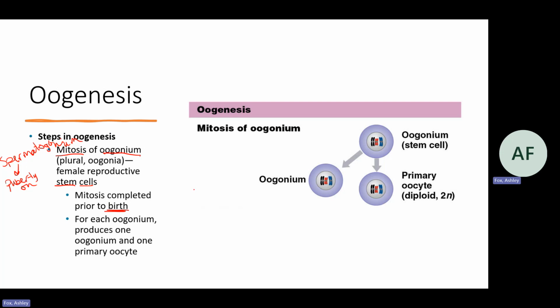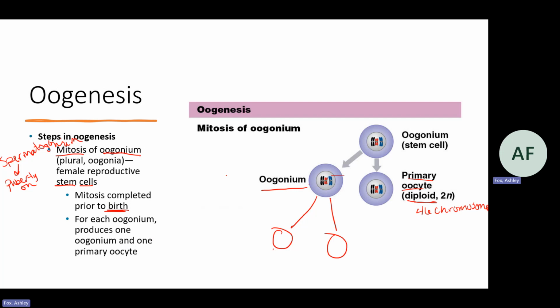So during development, the oogonium, the stem cell, is going to be dividing, and it's going to divide and divide to eventually where it's going to be another oogonium and a primary oocyte. Still going to be diploid, meaning it's going to have 46 chromosomes because it hasn't gone through meiosis yet. So each oogonium is going to produce another one again, so then it can separate another primary oocyte and an oogonium and continue on that way.